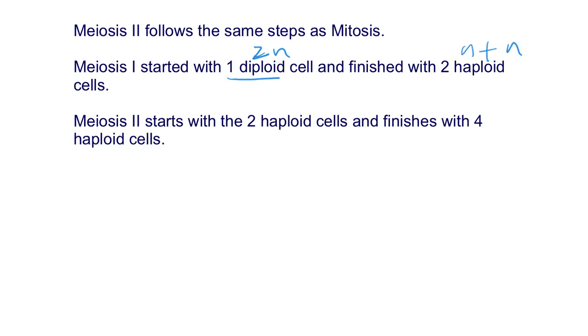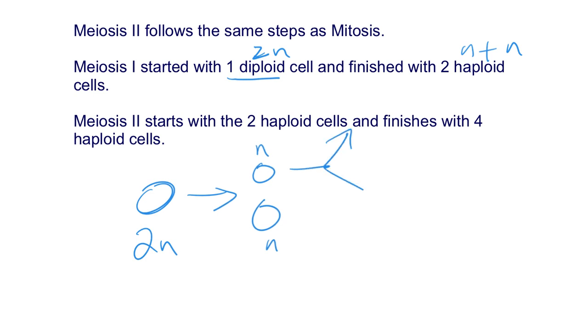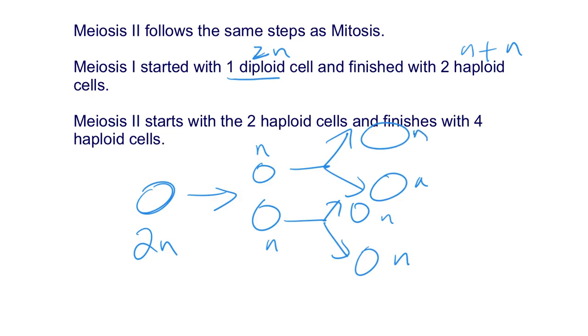So each of those haploid cells will divide in meiosis 2 into 2 daughter cells. Again, meiosis 1 is that 2N to N, and then each of these will divide to an N cell as well, haploid, except there won't be any 2-chromatid chromosomes in these gametes.